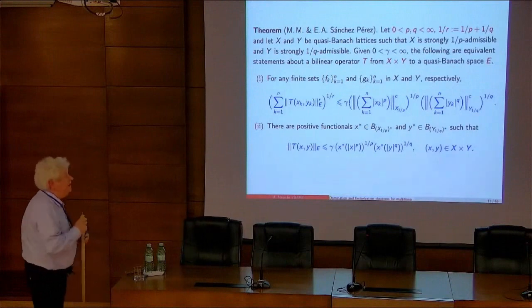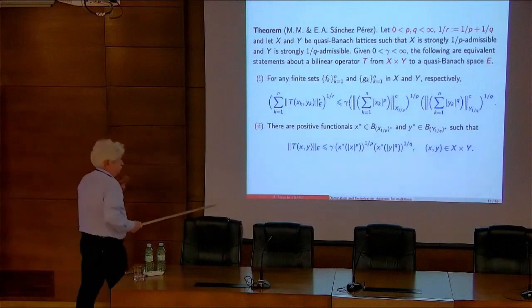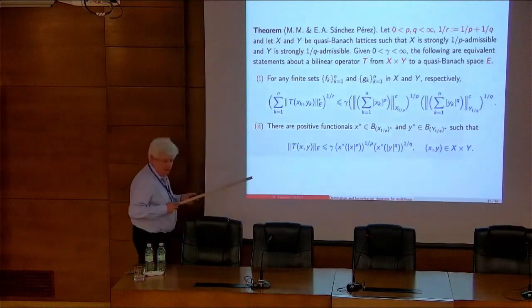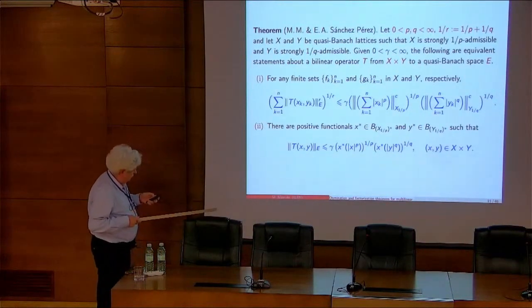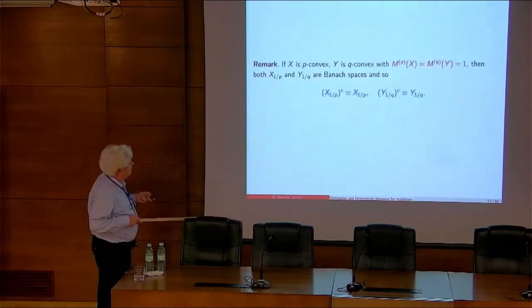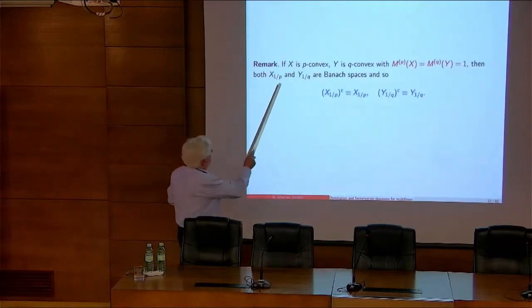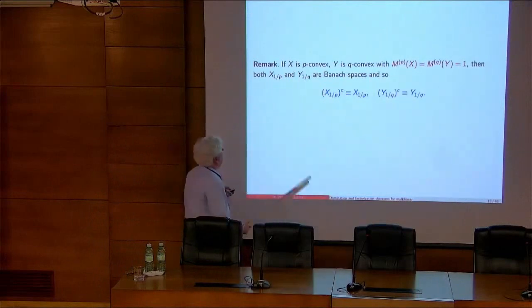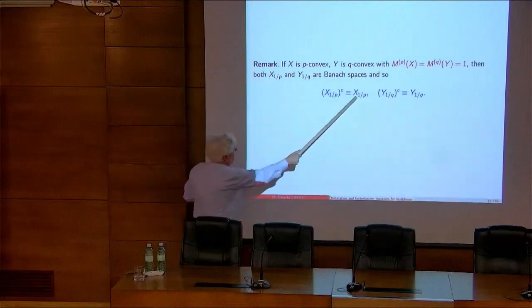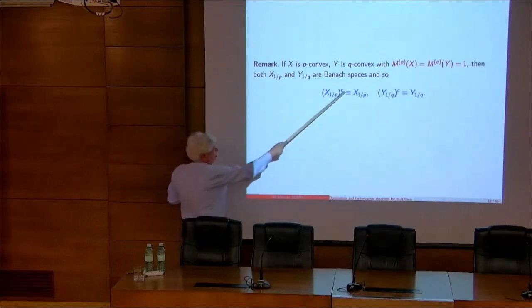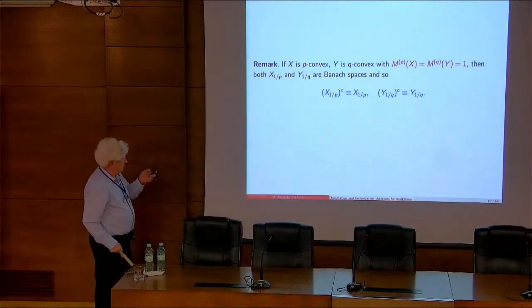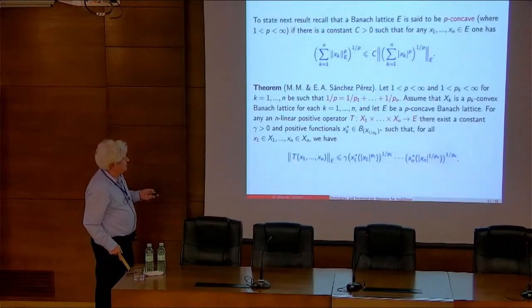Of course we need some machinery, some separation theorems, like the Ky Fan theorem, which is used to prove this general kind of results. So whenever X is P convex, Y is Q convex with constant 1, then of course these are Banach spaces, and we see this completion is exactly X^(1/P), and so on. So we get the situation in the Banach case.